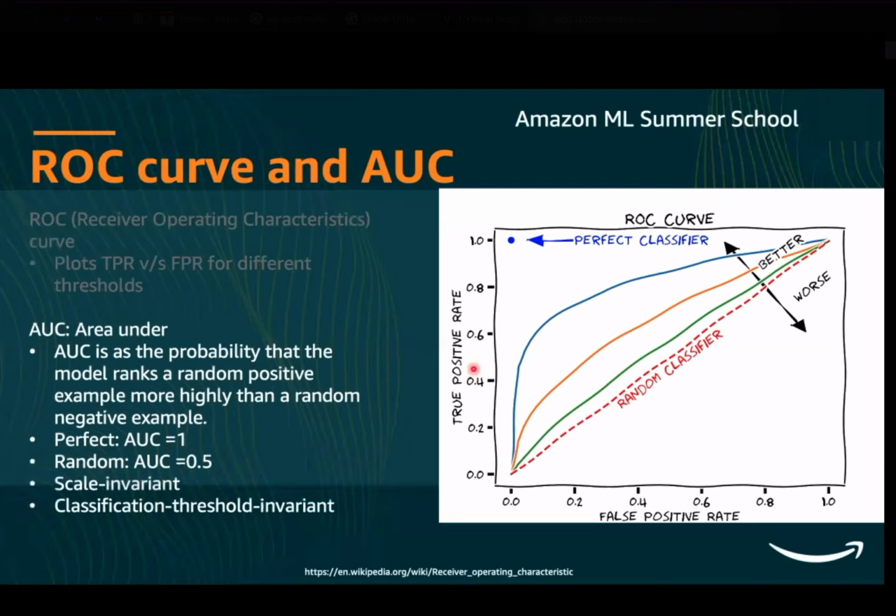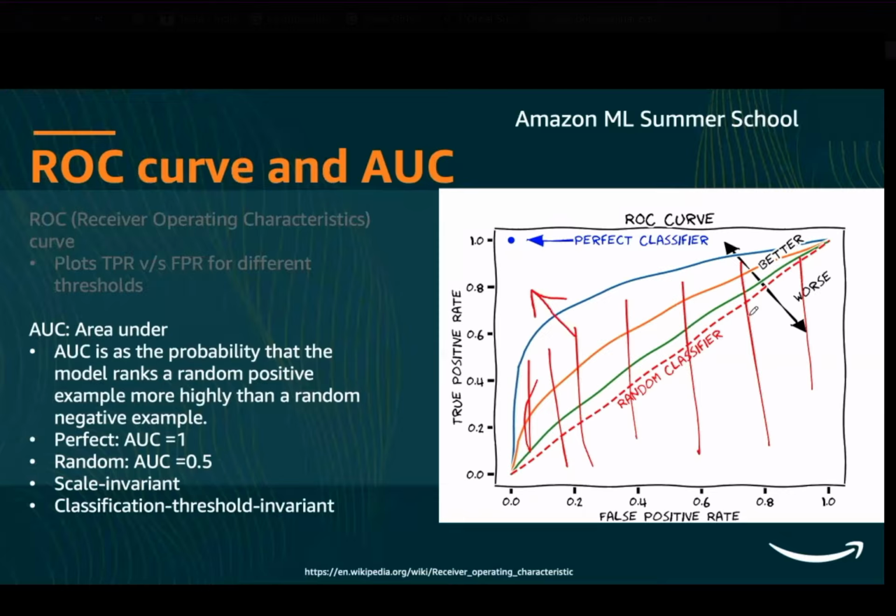We can also compute the area under this curve. As I said, the more you go this way, the area under this curve, which is denoted by this, increases as you move in this direction.